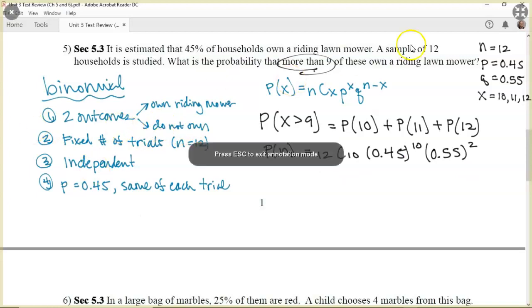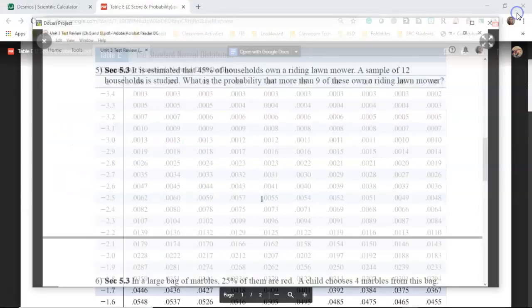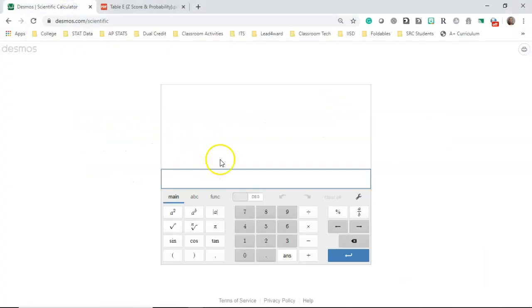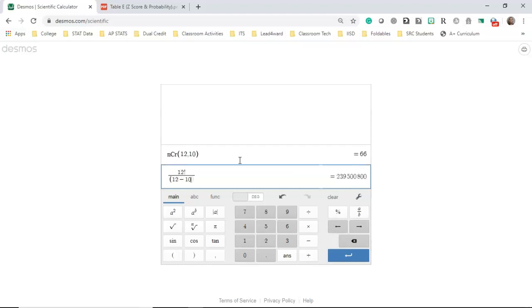So if I go to Desmos, we can use the combination feature here. So we can do n capital C and R and do 12 comma 10, or if you would prefer, you can do the formula that you've learned previously, so that works as well. So same value, 66.